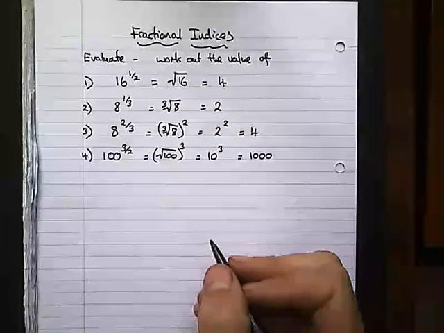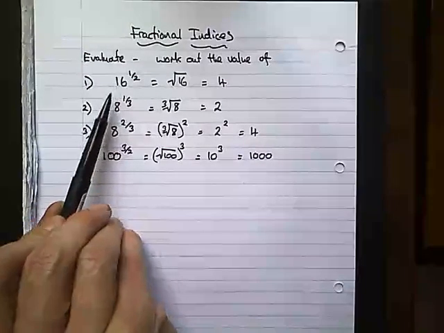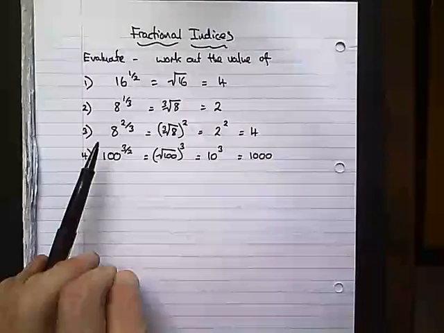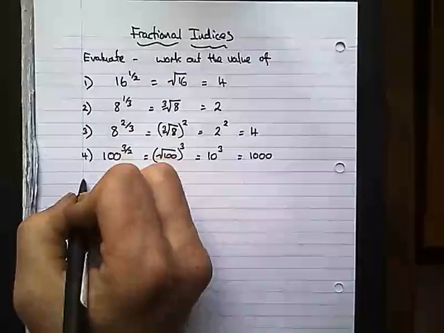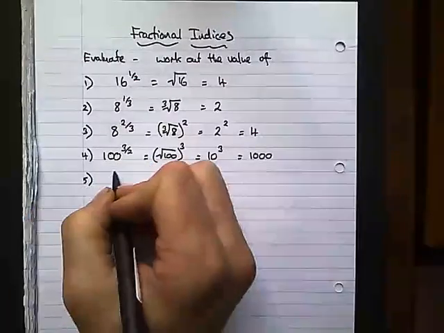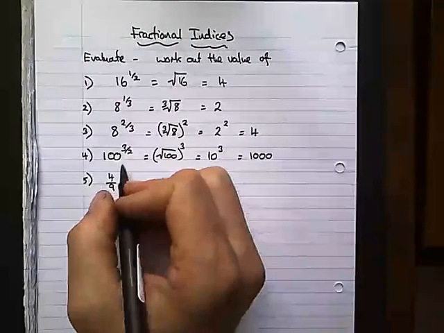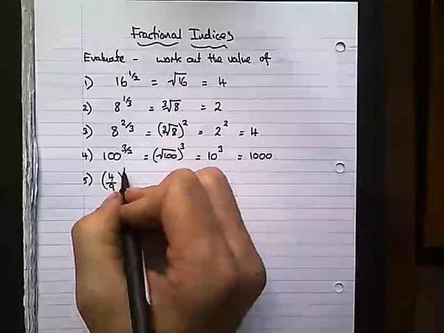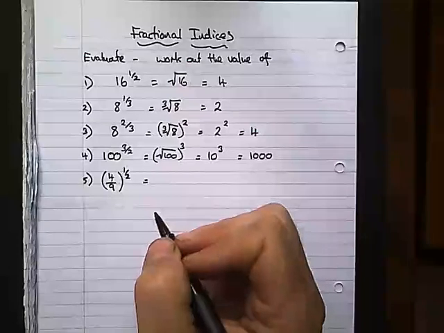Okay, so these are nice because everything we've been working with to begin with, the main number, is a whole number. So what if we were given a fraction? Suppose I've got 4/9 to the power of 1/2. Well, this is no different really.